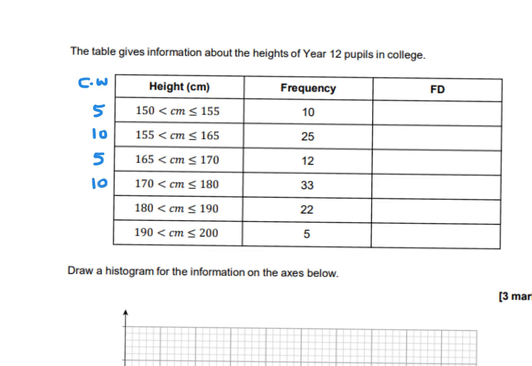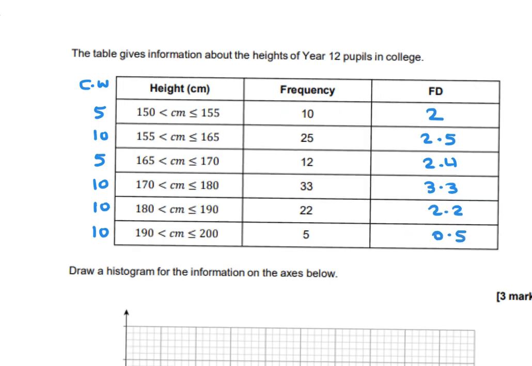Then 10, 180 minus 170, 190 minus 180, 200 minus 190, so 10. Now you can divide. 10 divided by 5, so 2. 25 divided by 10, so 2.5. 12 divided by 5, so 2.4. 33 divided by 10, so 3.3. 22 divided by 10, so 2.2. 5 divided by 10, so 0.5. Now you have the frequency density.